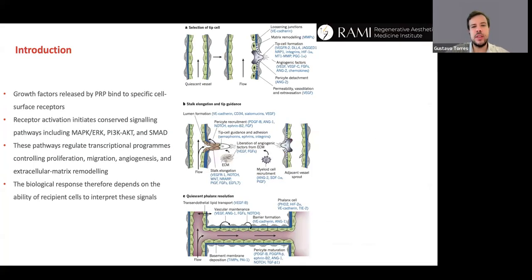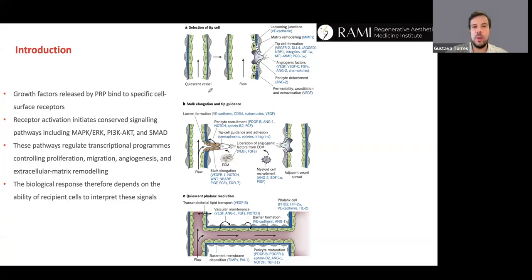So as you see in this last scheme for this part, one of the main parts of the proliferation or the regeneration of tissues in general is that obviously tissues need blood supply.